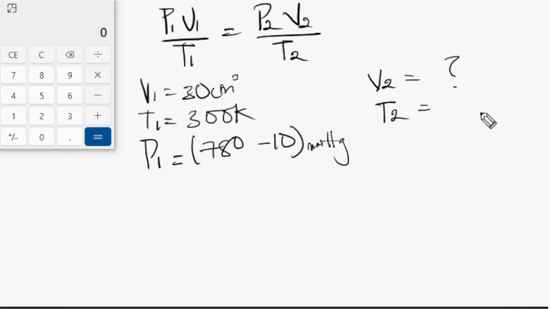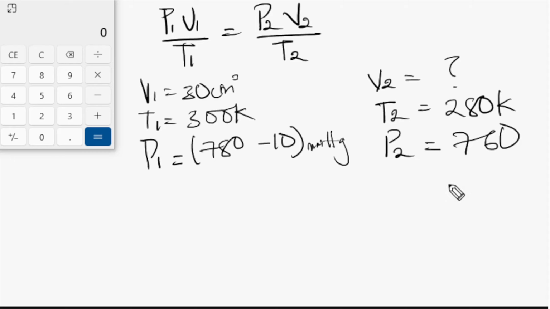That would be like 280 Kelvin. And then for the P2, we have 760 millimeters of mercury from the question. So we have all our parameters set now.